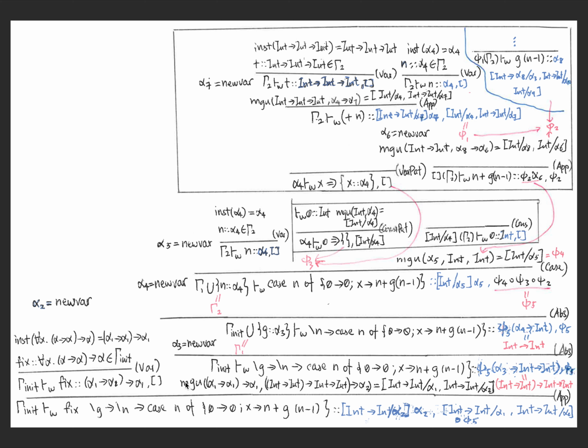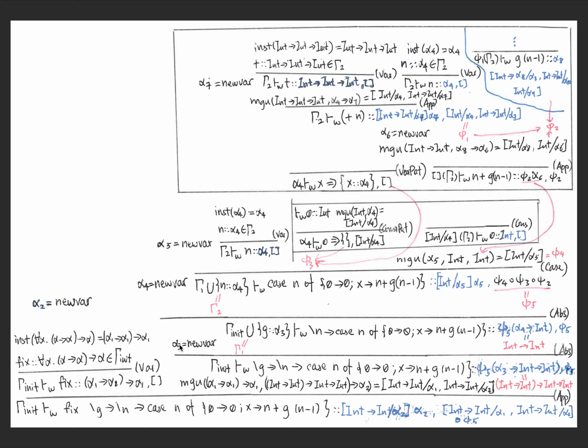But before we look at that, we first consider the actual argument type. To infer the actual argument, we have to look into this sub-expression, which is lambda g, right arrow lambda n, and case, and so on and so forth. Again, for now, we ignore the blue part, which is the output. By looking at this expression, it is itself a lambda abstraction. So we apply the abs rule here.